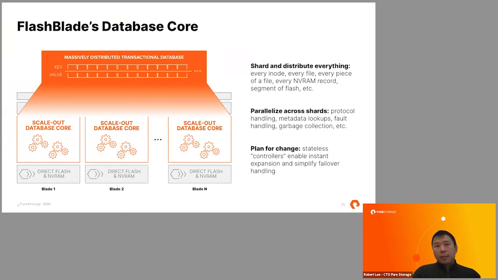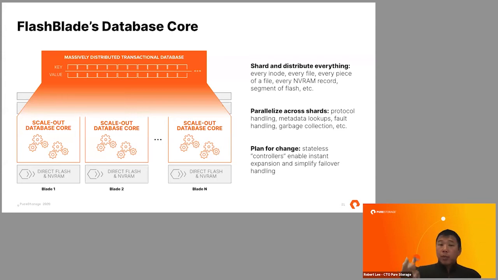Those three core ideas: number one was to really flatten the representation of everything that we store in the system, whether it's data or metadata, but really change how you would typically represent things like metadata, flatten it to look more like a database table, if you will, and really make it easier to partition and shard up.